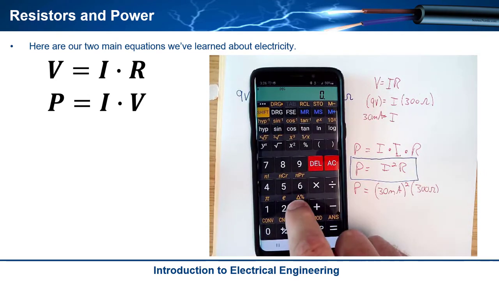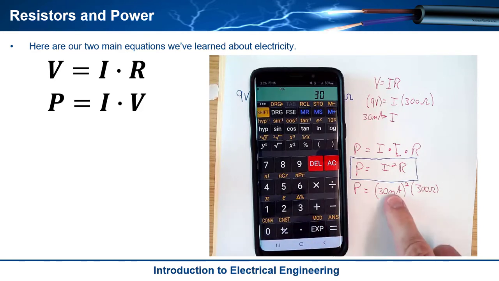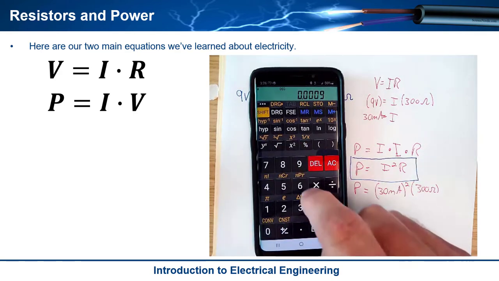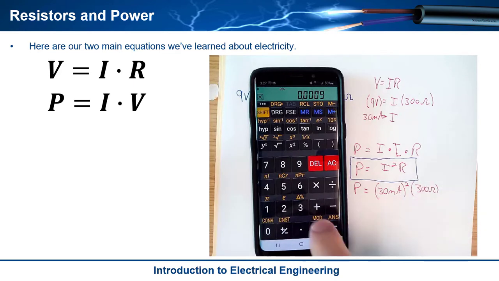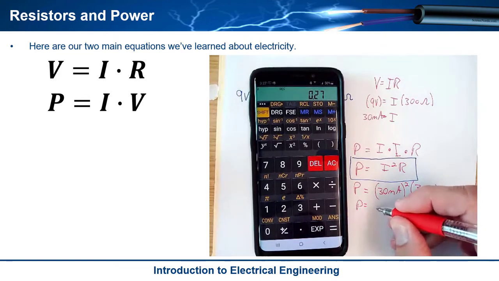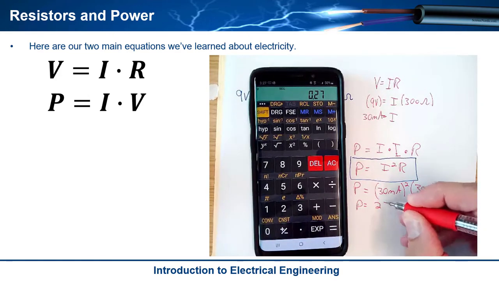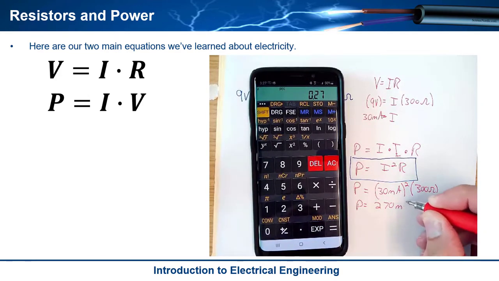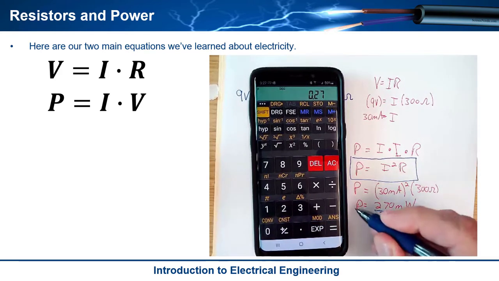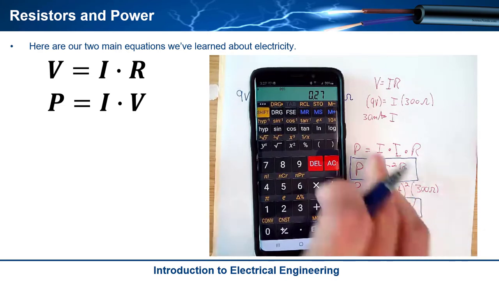I take 30 times 10 to the negative 3, that's my 30 milliamps, then I square that, and then times my resistance, which is 300. I come up with the power being dissipated in that resistor as 0.27, or said another way, 270 milliwatts. There's our power that's being dissipated in that resistor.